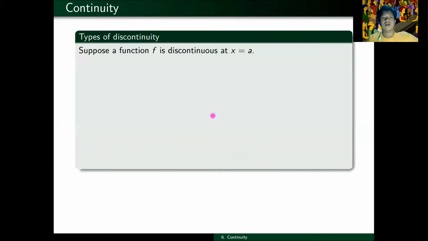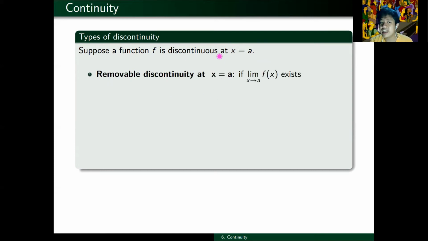So now we will discuss the types of discontinuity of a function. So, kunwari, meron kang function f na discontinuous at x equals a. Then you say that f has a removable discontinuity at x equals a if the limit as x approaches a exists. Ibig sabihin, yung second condition ay satisfied. Maybe nag-fail siya sa first or sa third.